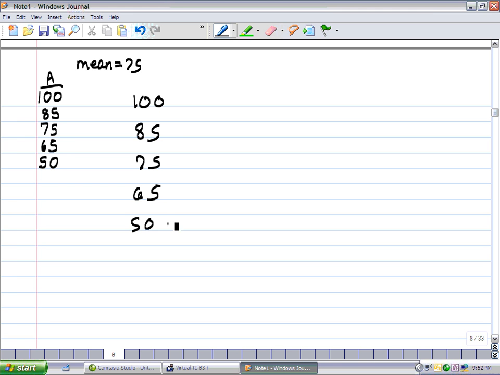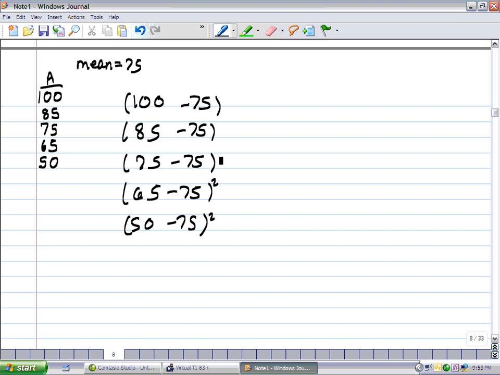So the mean is 75. So I'm going to subtract 75 from each of these values. And then, because some of them are negative, I'm going to square them.